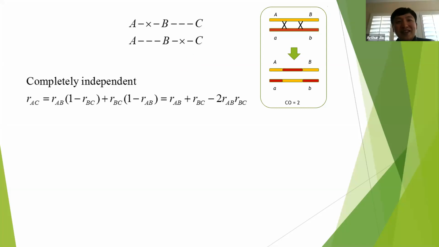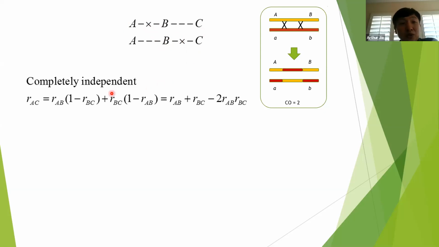All right, suppose this is the chromosome and this is the real situation, how A and B and C are arranged along this chromosome. There are a couple of possible situations here. The crossing over could occur between A and B, or between B and C, or both.